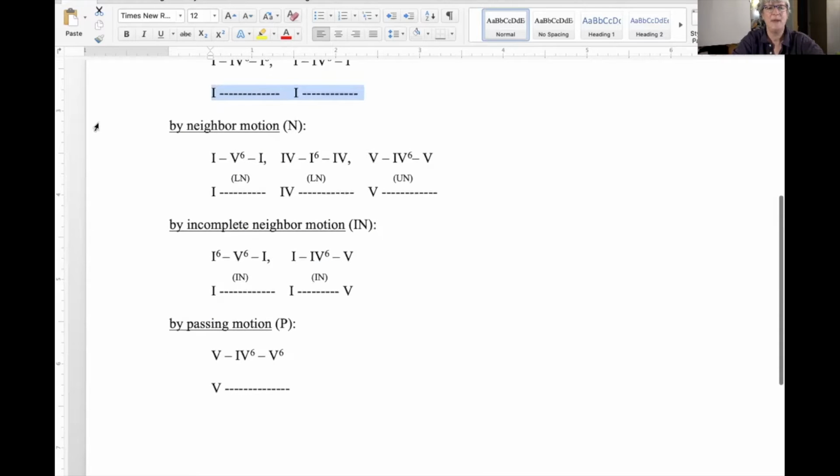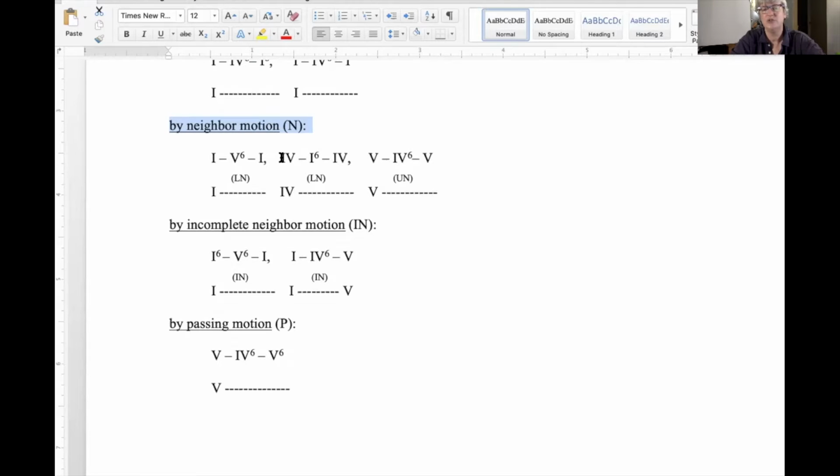Another important type of bass motion that we can have with prolongation is neighbor motion. And this can feature either lower neighbor motion or upper neighbor motion. The 1-5-1 progression goes Do, Ti, Do, and that's a prolongation of 1 with the bass featuring lower neighbor motion.